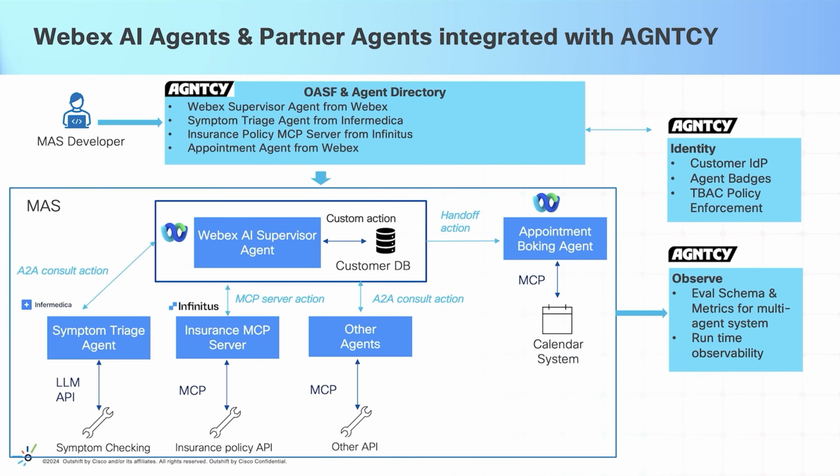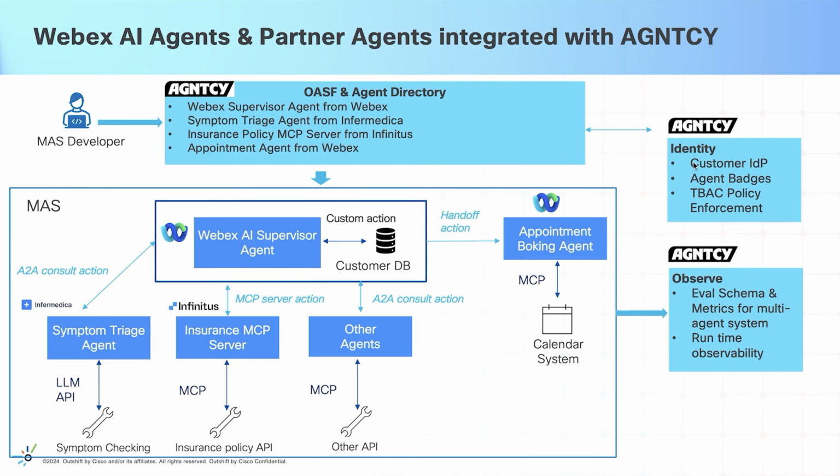And the next step after discovery, the developers will go to compose these AI agent systems in the Webex AI Studio. It can connect the symptom triage agent by A2A. It can connect the insurance MCP server by MCP. After they compose it, they can also put the identity policy there.